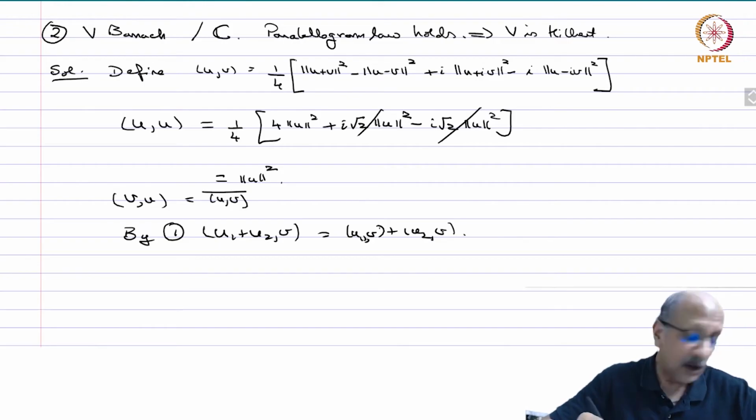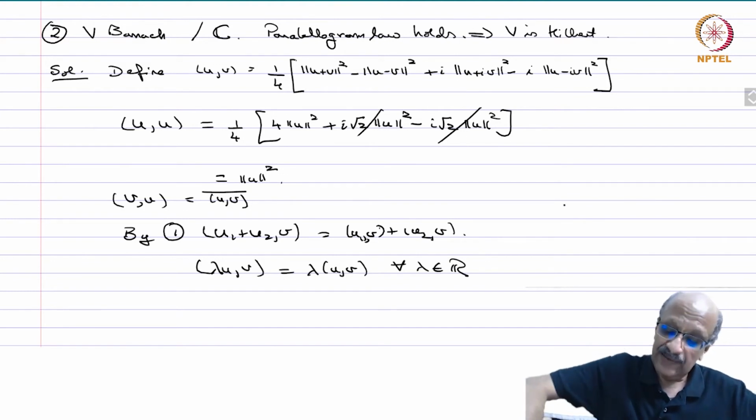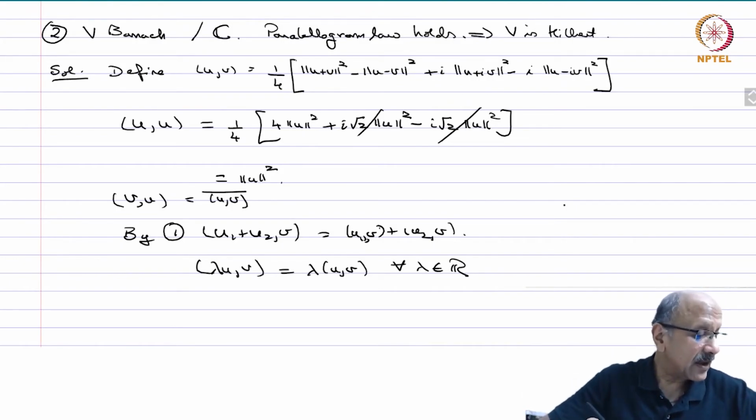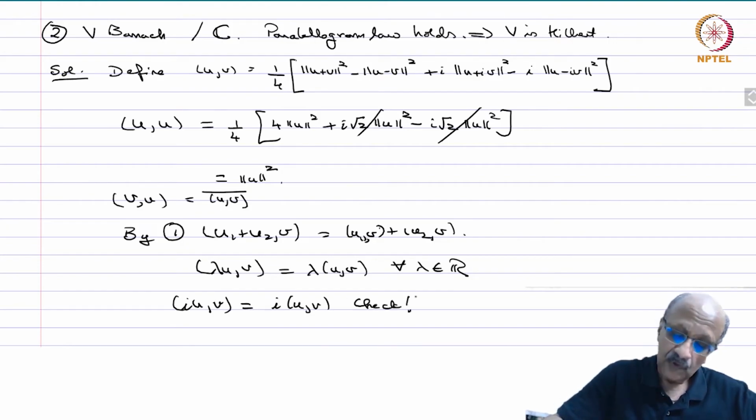Also you have that (lambda u, v) will be equal to lambda times (u,v) for all lambda real, because again this inner product looks exactly like the previous case, and therefore we can repeat all those arguments. And now you just take (iu, v), apply it to the definition, and this is i times (u,v). So check. This also, check.